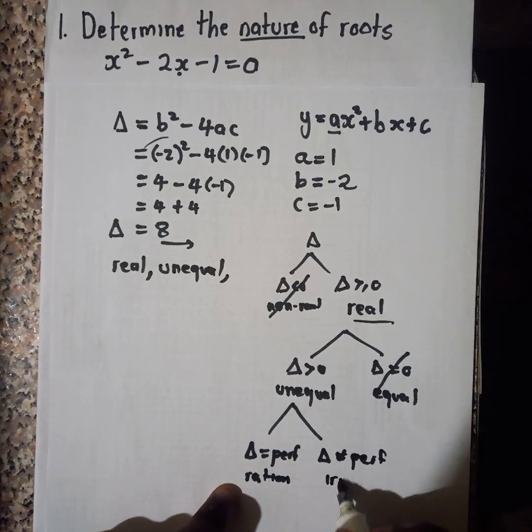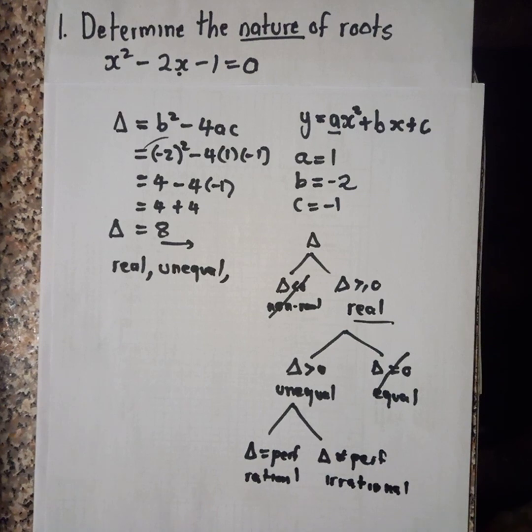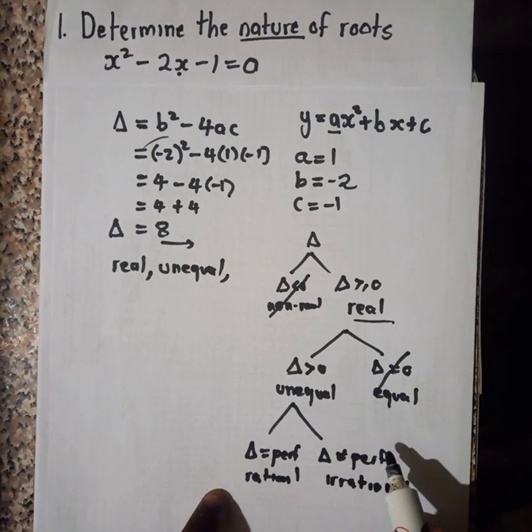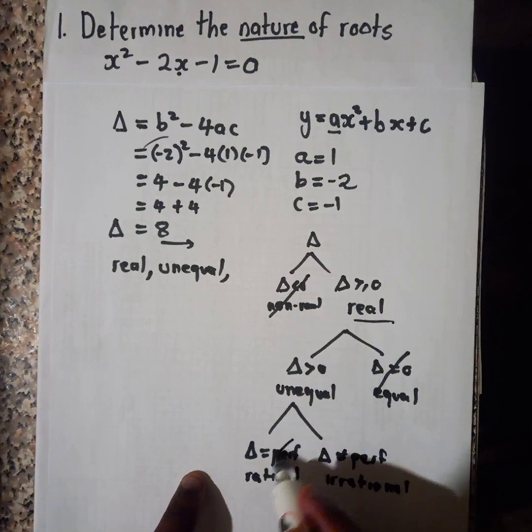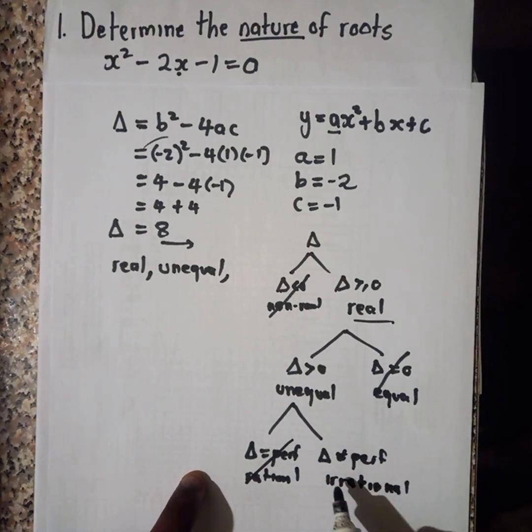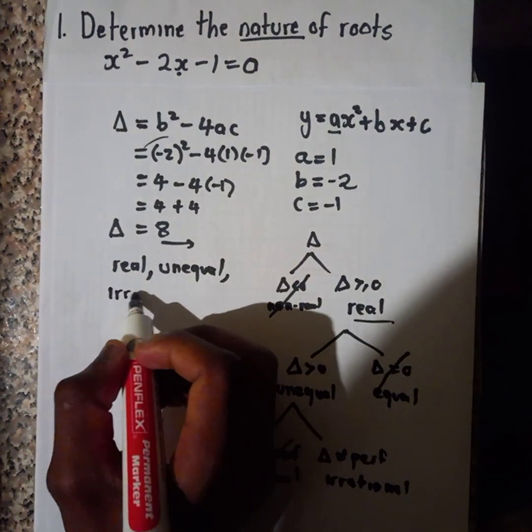Underneath this one, we wrote irrational. Let us go back to that number. Is 8 a perfect square? Definitely not. Then we are going to cut this one out. Then we are going to be left with irrational. You right? Irrational.